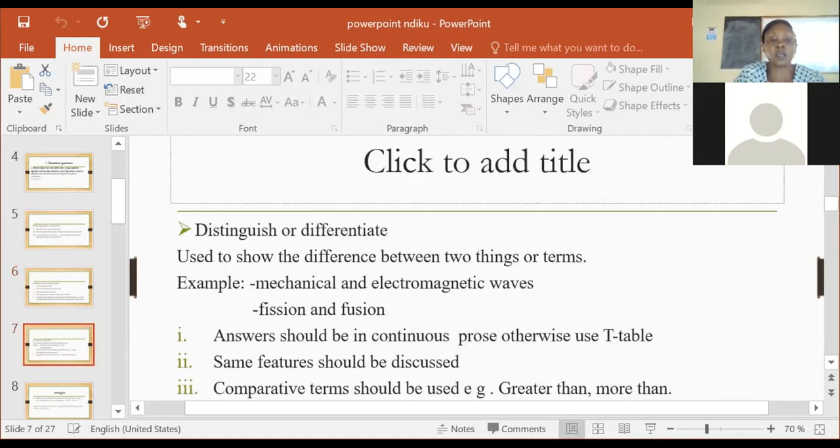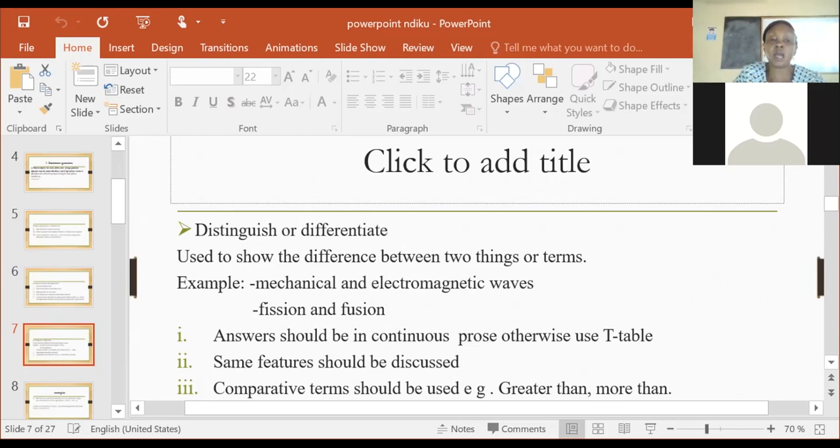We also have a case whereby we can be asked to distinguish or differentiate between two things. For example, we can be asked to distinguish between mechanical and electromagnetic waves, fission and fusion. If we are giving the explanation, it must be continuous.